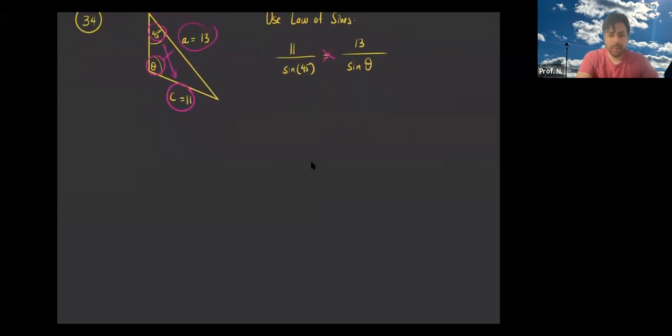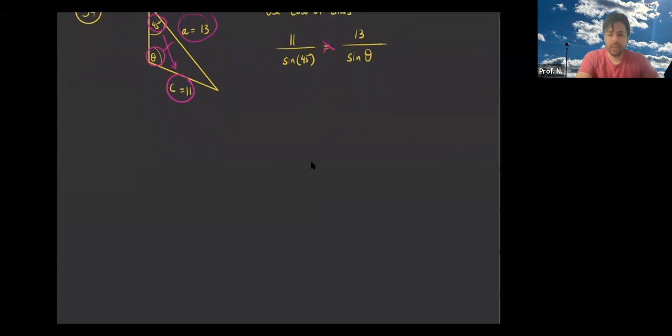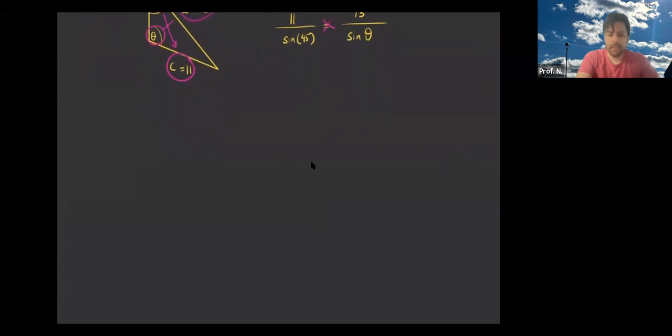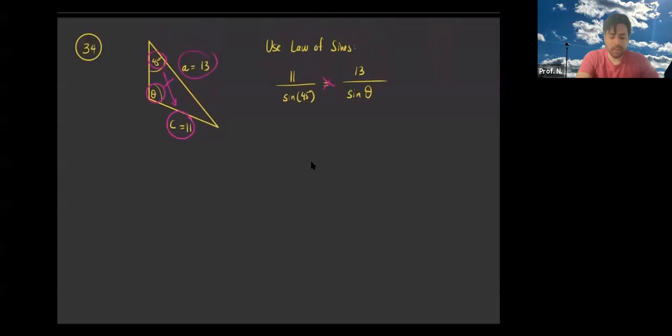So I think the hardest problem from these last few problems is number 33, because your answer was still incorrect. Try that again. Make sure your numbers are correctly set up. It's all about the setup. Number 33 was harder because you had to apply law of cosines and then law of sines. But 34, you only apply law of sines.